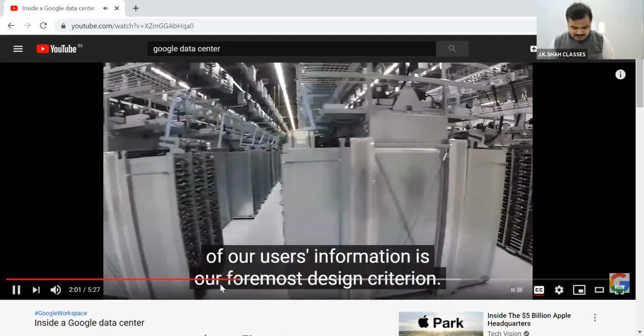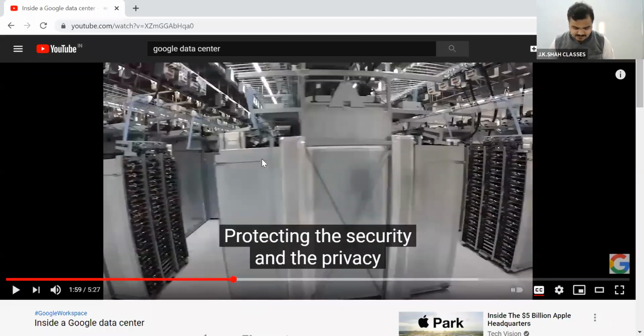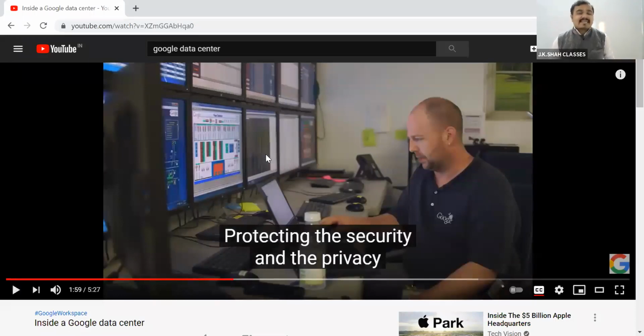This is actually the data center. Right now, the image in front of you shows the actual data center where everyone's data is stored. But through the internet, we can access the data from that center. Even though I am in India, I am accessing data stored in some data center in South California.